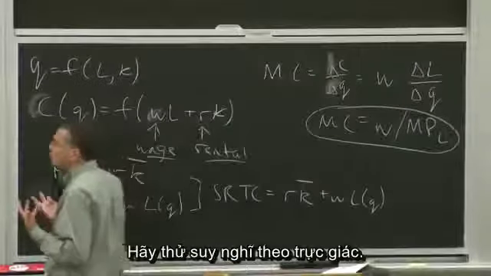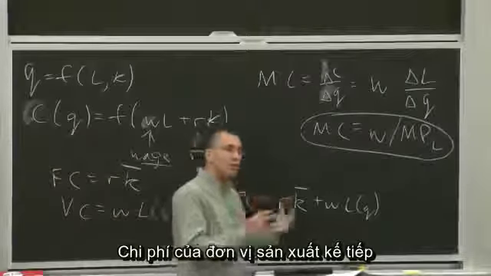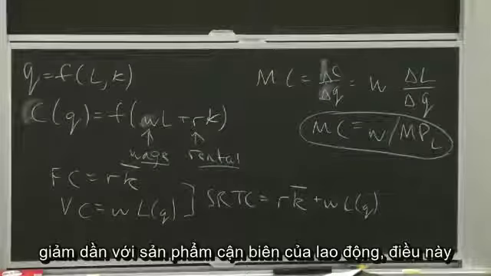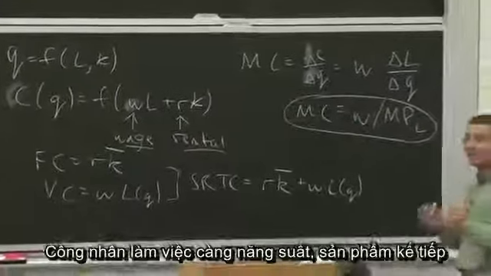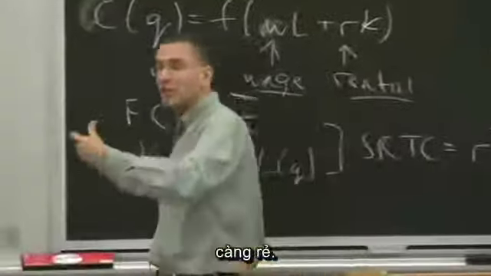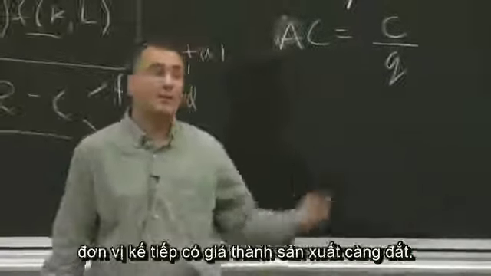Think about this intuitively. What we're saying is the cost of the next unit of production is declining with the marginal product of labor. The more productive a worker is, the less expensive it is to produce the next unit. The less productive the next worker is, the more expensive it is.